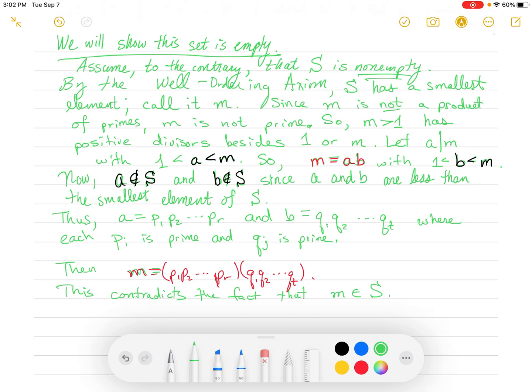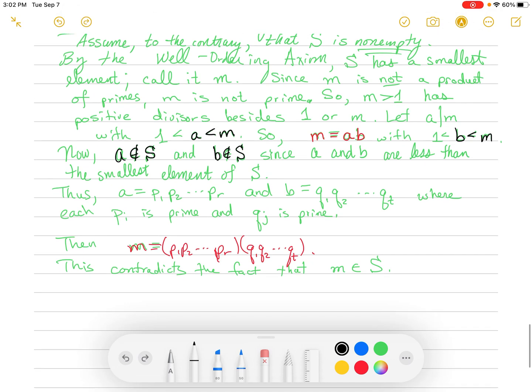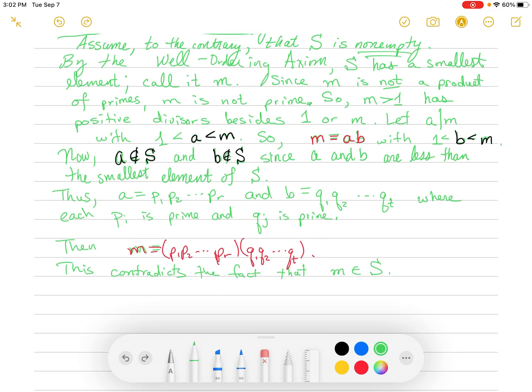M was the smallest element of S. So M was in S, so it's not a product of primes. So we have it's a product of primes and it's not a product of primes. So we got a contradiction. So how do we get the contradiction? By assuming to the contrary that S is non-empty. So therefore S must be empty. Therefore this set S is empty.